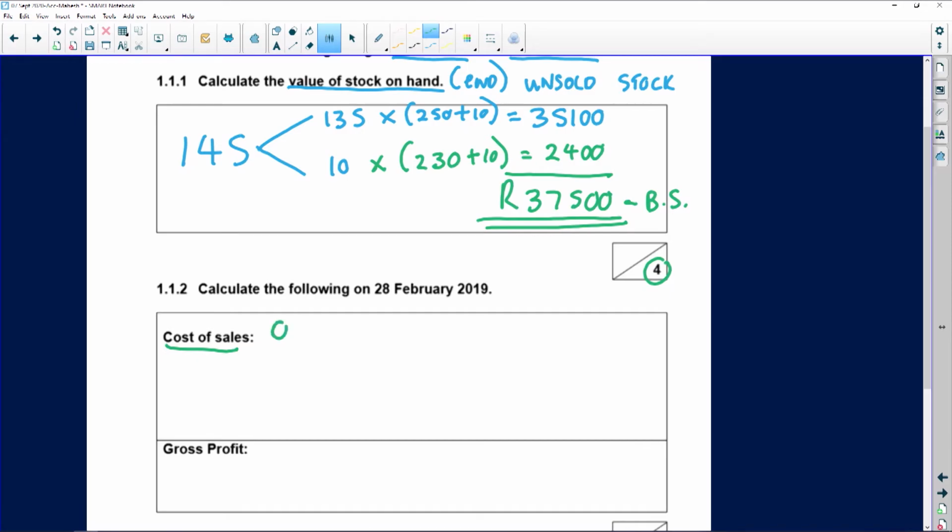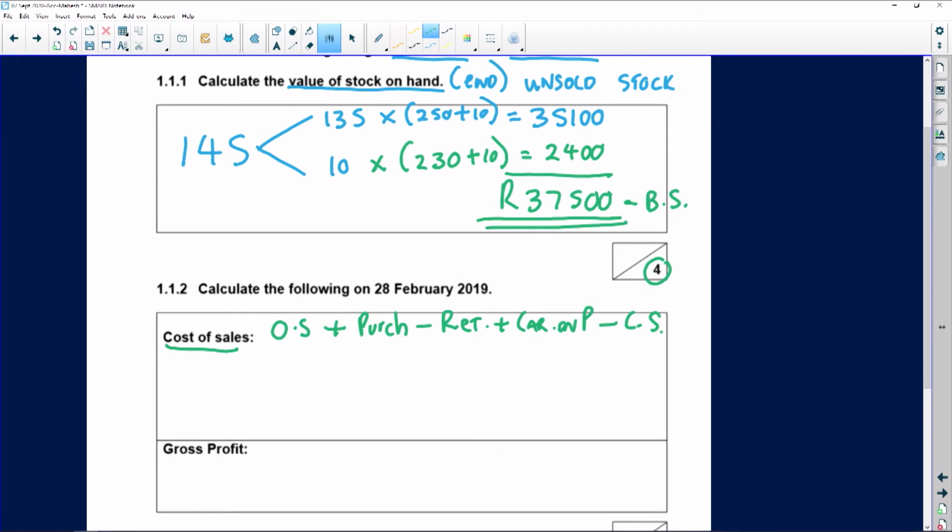I'm going to take opening stock plus purchases, minus the value of any returns, plus carriage on purchases, minus closing stock. I want you guys to please write this down, because I cannot begin to emphasize how important this formula is, especially in terms of the marks allocated.